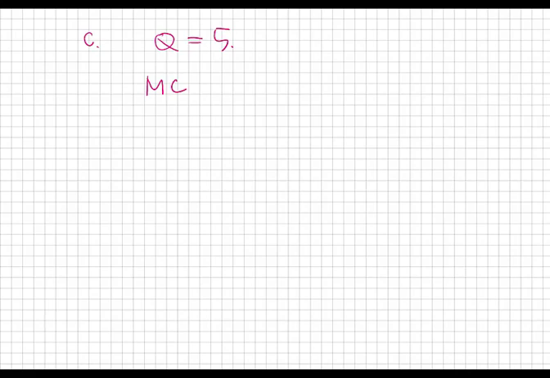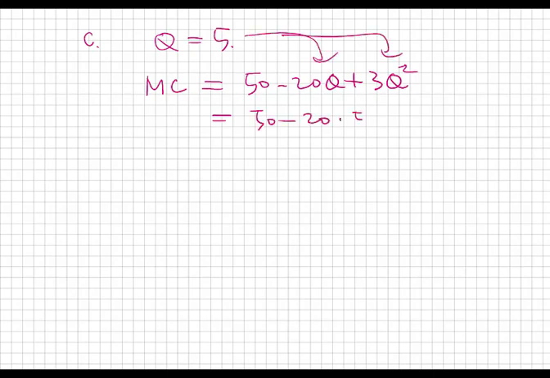We found marginal cost as 50 minus 20Q plus 3Q squared. When you plug Q equals 5 into this equation, we have 50 minus 20 multiplied by 5 plus 3 multiplied by 5 squared, which is 50 minus 100 plus 75. So we have 25.